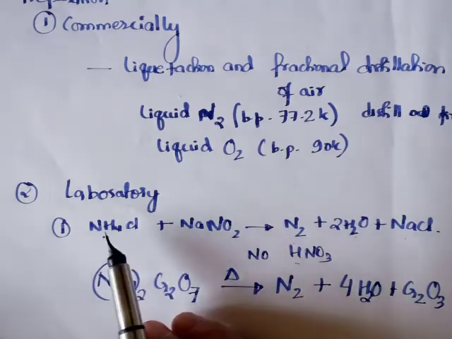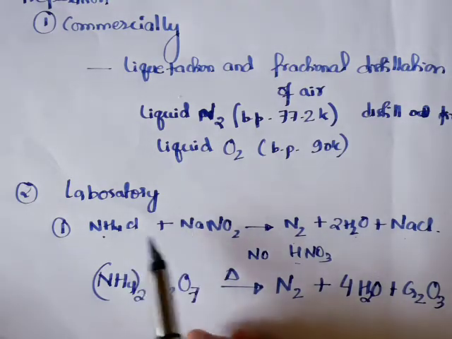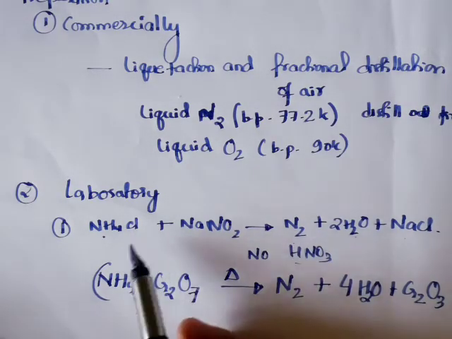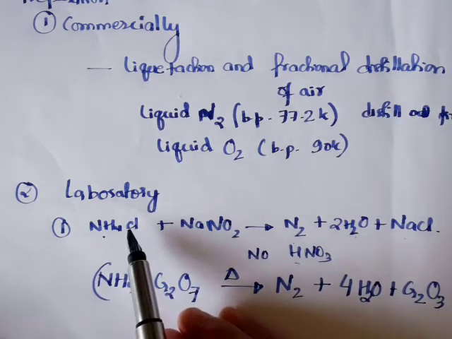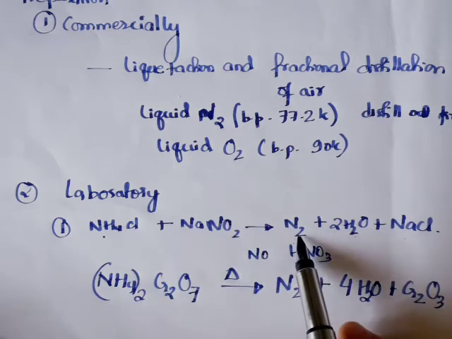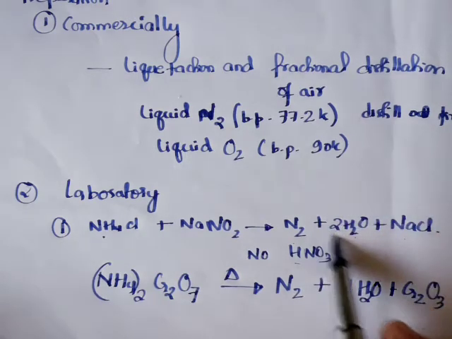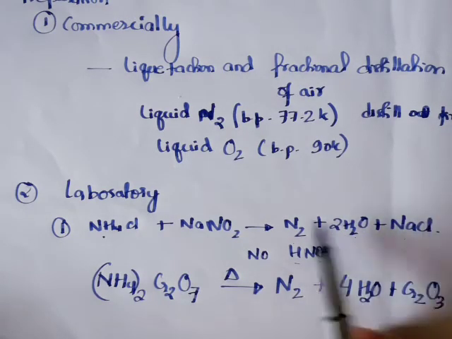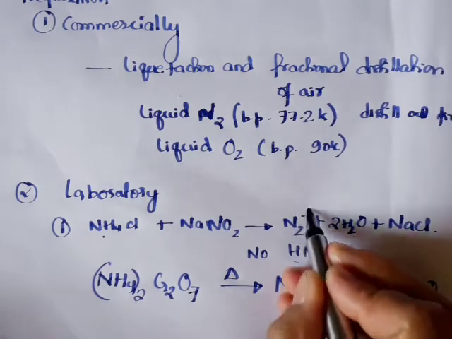Now in the laboratory, dinitrogen is prepared by the reaction of an ammonium salt with sodium nitrite. On doing this, we'll get nitrogen, water and NaCl. The water and NaCl remain in the solution and the nitrogen will be in a gaseous state, right?